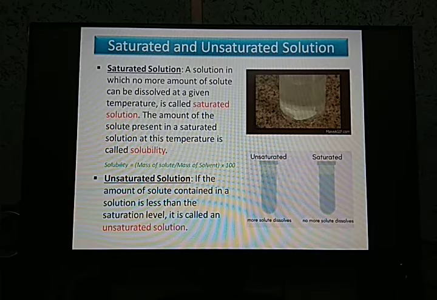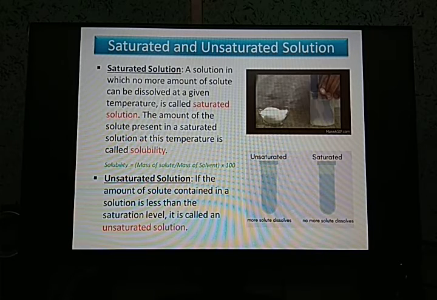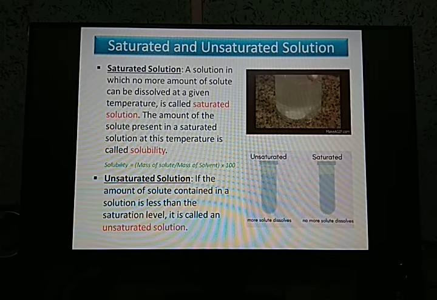Clear? So depending upon the temperature of the solution, we can convert a saturated solution to an unsaturated solution, or we can convert a saturated solution to a supersaturated solution. Clear?